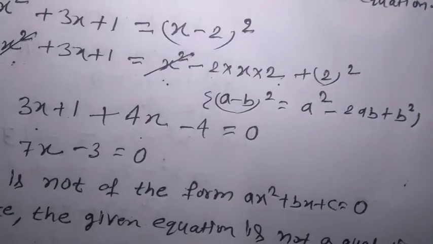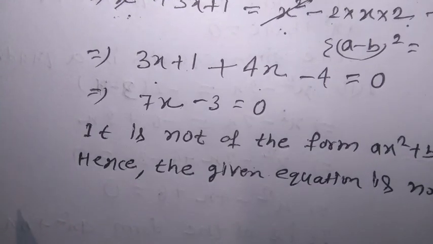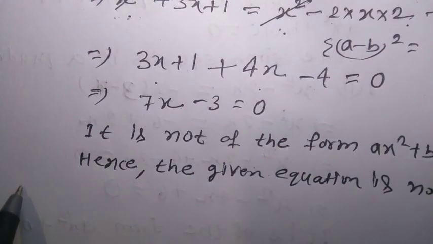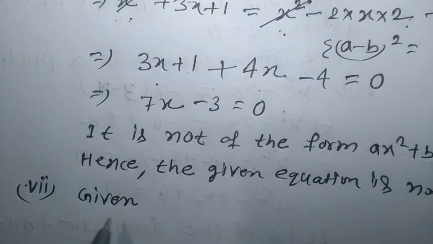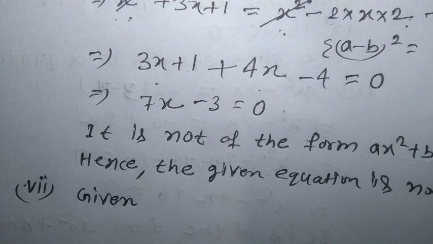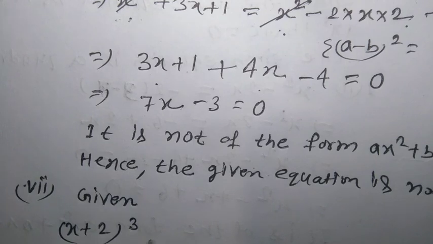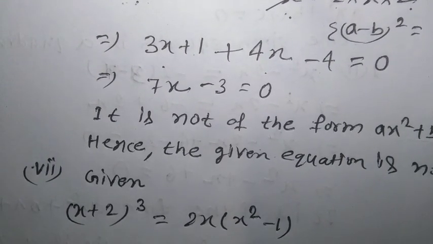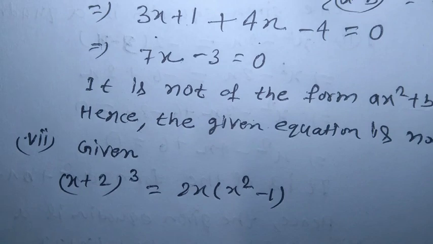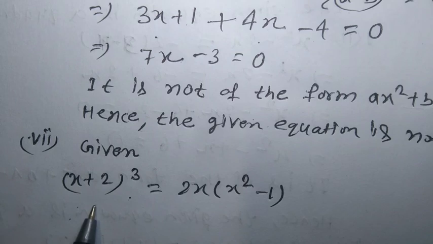Now the question number 7. Given x plus 2 the whole cube is equal to 2x into x square minus 1. Now here, for x plus 2 the whole cube, you use the formula a plus b the whole cube.